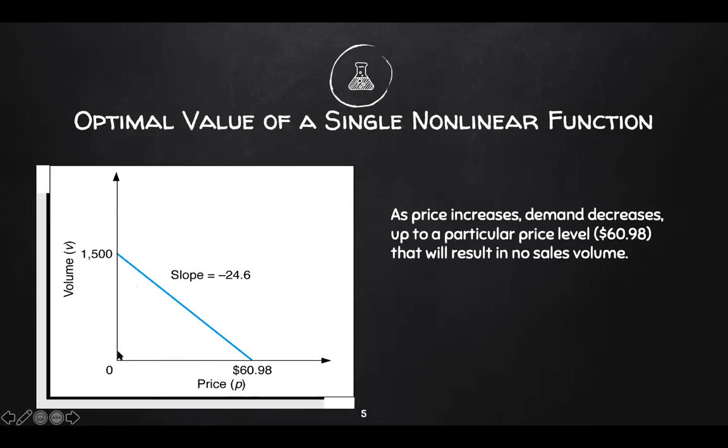Pag 0 yung price, syempre maraming bibili. Your demand is 1,500. Pero pag tumaas ng tumaas yung price na yan, then yung volume for your product also decreases up to a particular price level, 60.98. That will result in no sales volume. So kung mapapansin nyo, pag naging 60.98 na yung inyong price, wala nang magdedemand ng product mo. What more pa pag mas mataas pa sa 60.98.